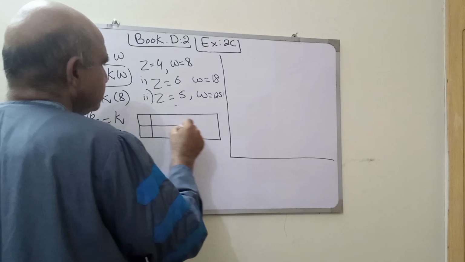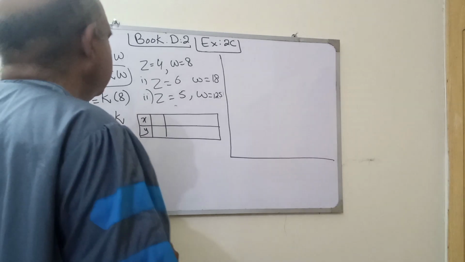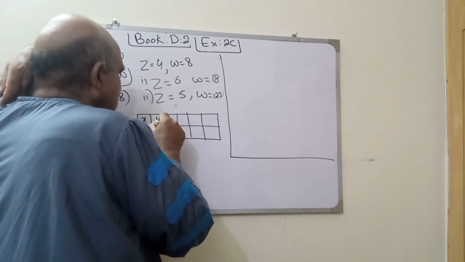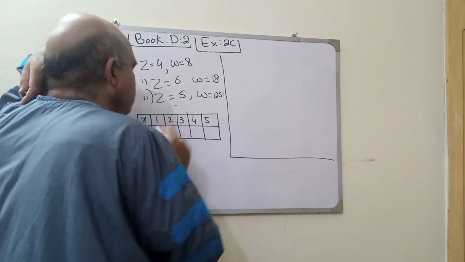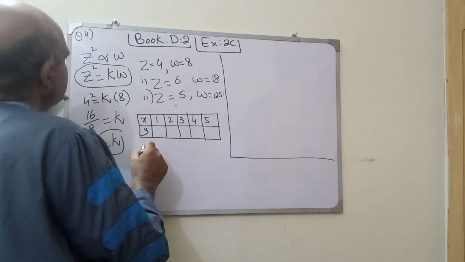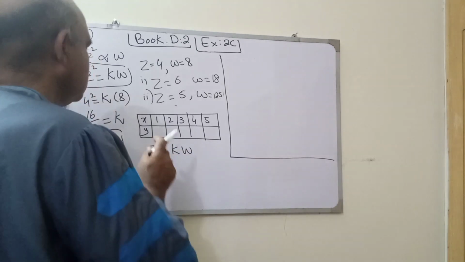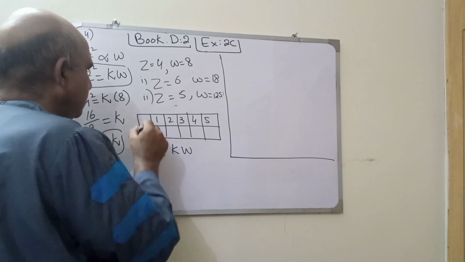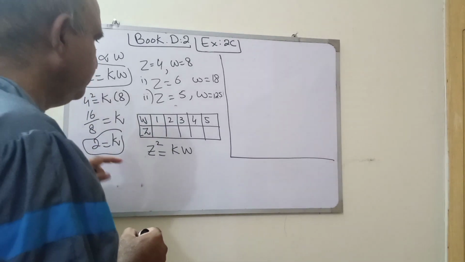To sketch the graph, first of all, we should have a table of x and y. 1, 2, 3, 4. Now we put it here, z square is equal to kw. Sorry, this is z, this is w, right?